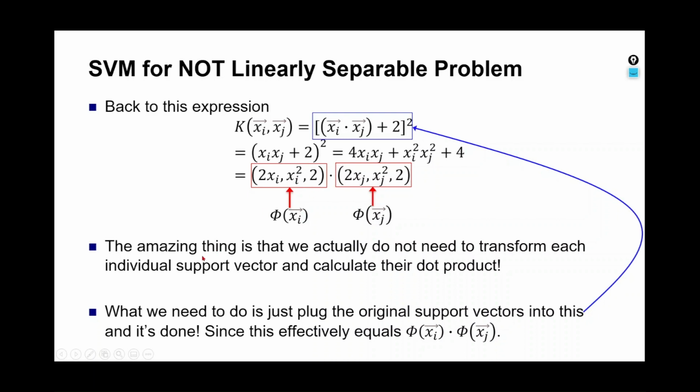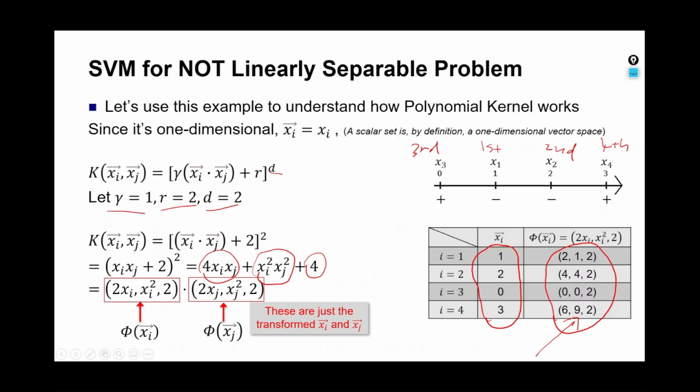And then the amazing thing is that we actually do not need to transform each individual support vector and calculate their dot products. Since our final goal is to calculate this transformed xi dot transformed xj. Maybe you have already forgotten. Let's go back to where we started.